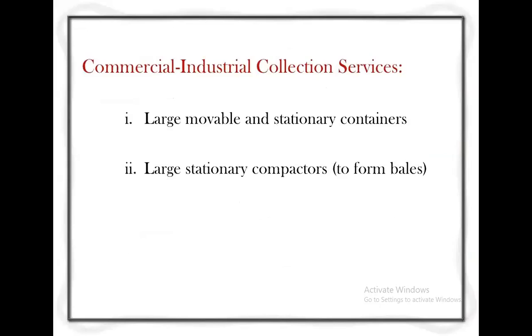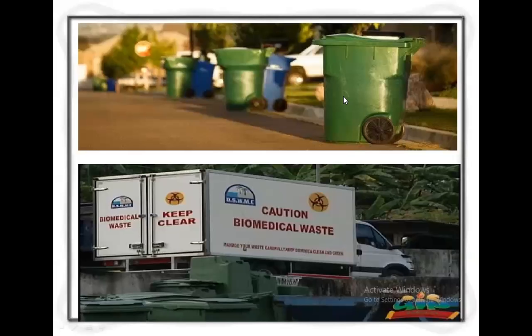Then the second type of collection is the commercial and industrial collection services. There are two types: large movable and stationary containers, because the quantity of the collection is large. For that, large movable and stationary containers are used, and large stationary compactors are used. Foam bales.